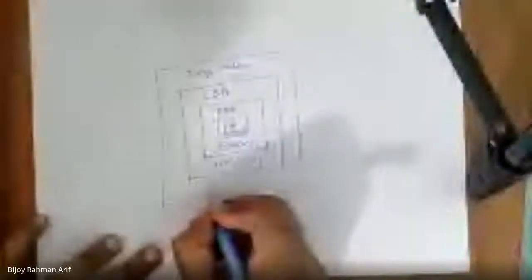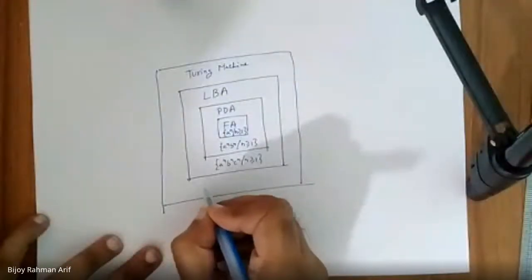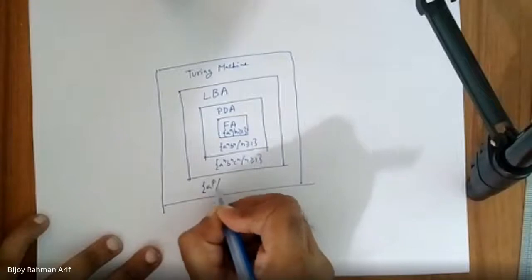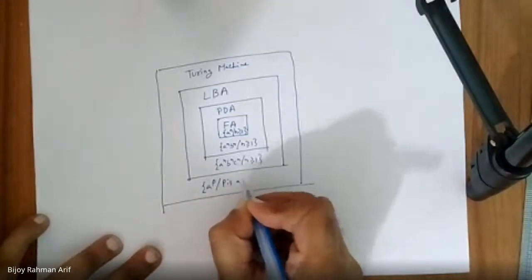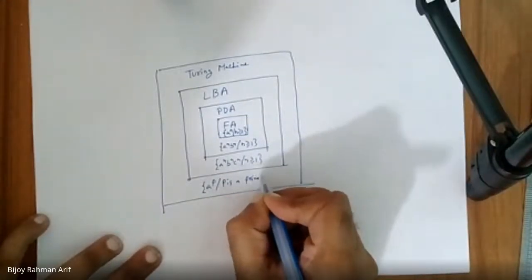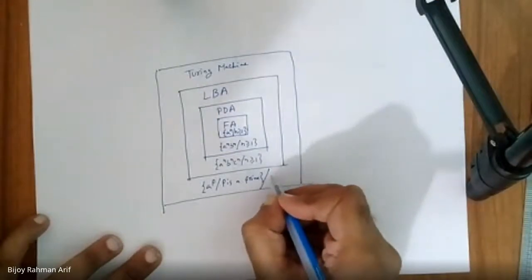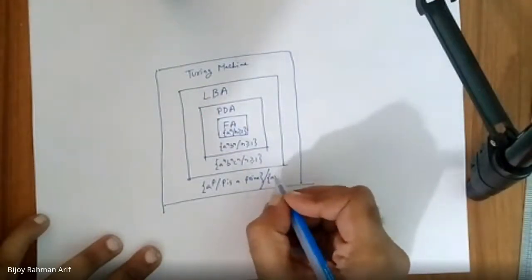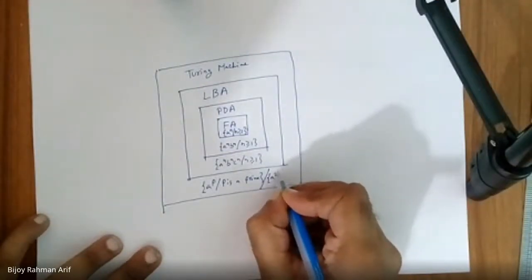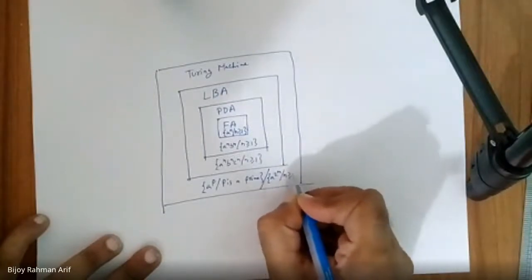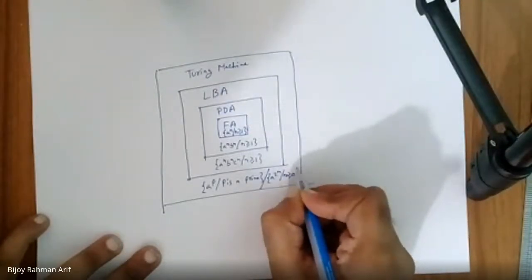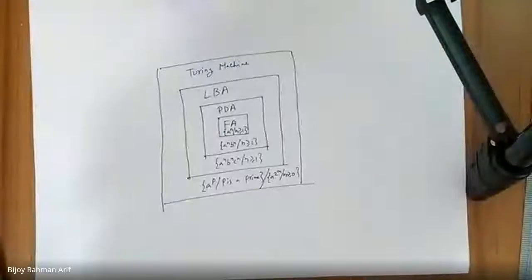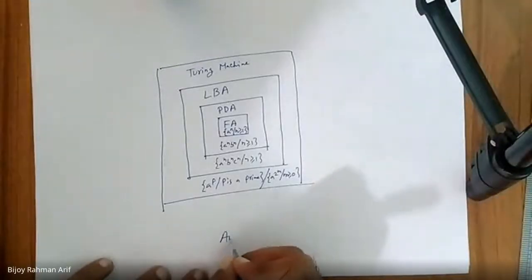Turing machine can accept languages like a^p, where p is prime, or a^(2^m), m greater or equal to 0. These languages can be accepted by a Turing machine. So this is the automata part.